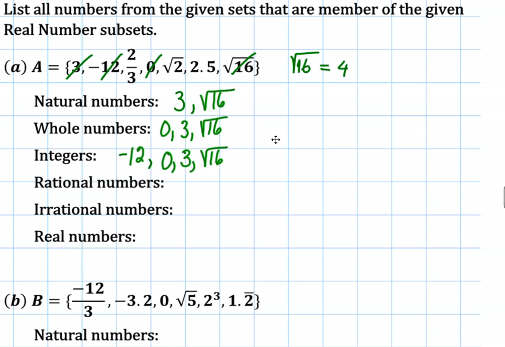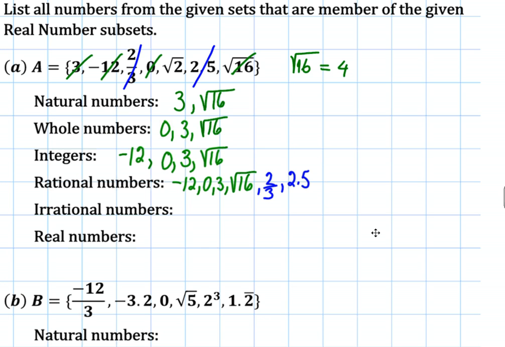So on rationals, we're going to include the same, but we're going to add, and I'd just like to change colors here, 2/3 and 2.5. Okay. Let's take those out.